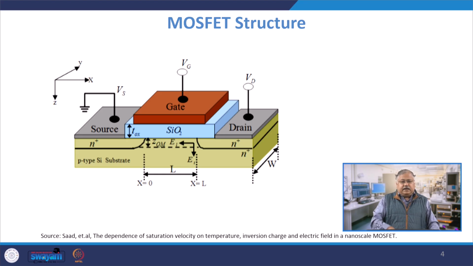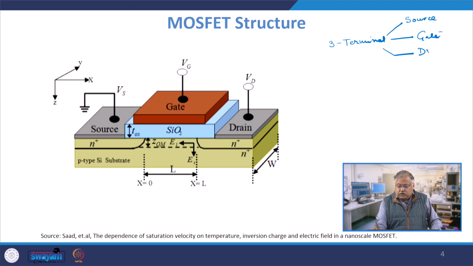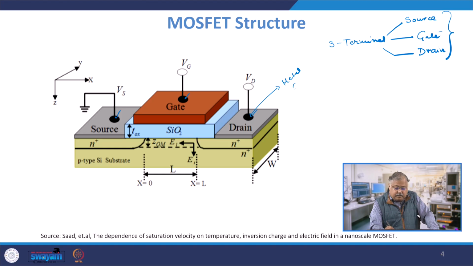If you look, it is basically a 3-terminal device, though many people have shown it as a 4-terminal device. But the first thing you notice is a 3-terminal device. What are the 3 terminals where the biases can be applied? One is source, one is gate and another is drain. These are the 3 main biases. The black colored regions are your metal contacts.